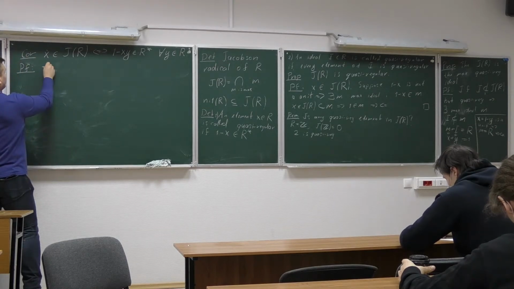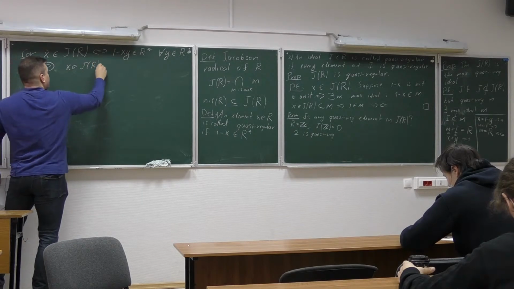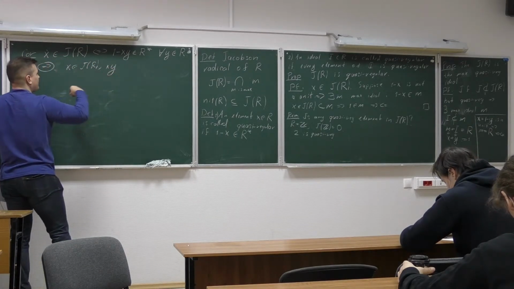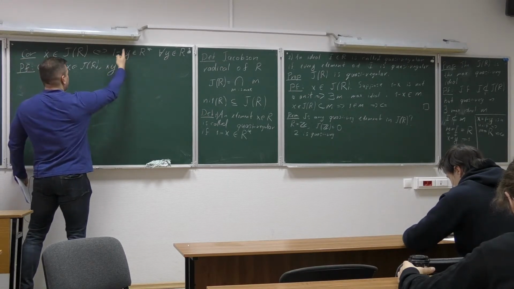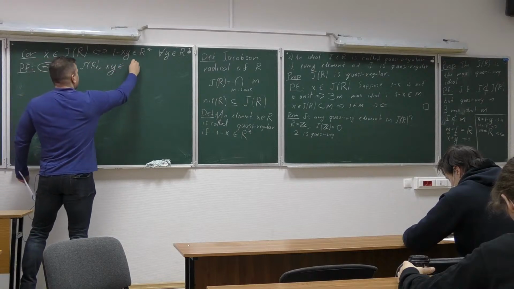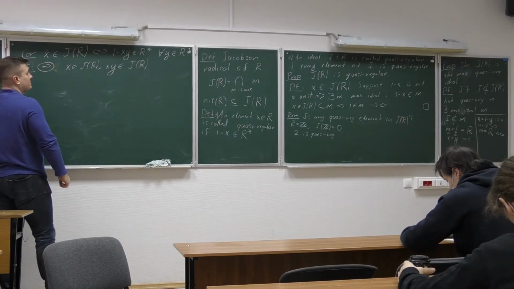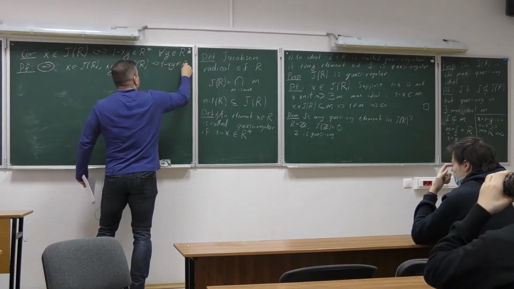So for example, in one direction, if you assume that X is in the Jacobson radical, then clearly the product of X and Y, so I multiply on the right, maybe it's not quite convenient, but it's convenient to write xy instead of yx, is again in the Jacobson radical. But if this element is in the Jacobson radical, it means that 1 minus this element is invertible.